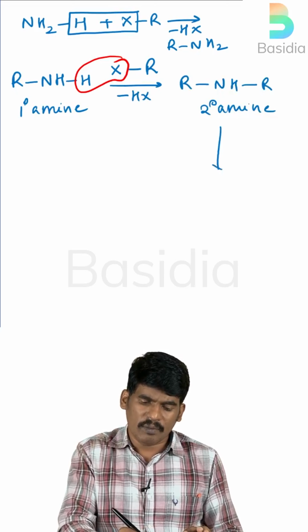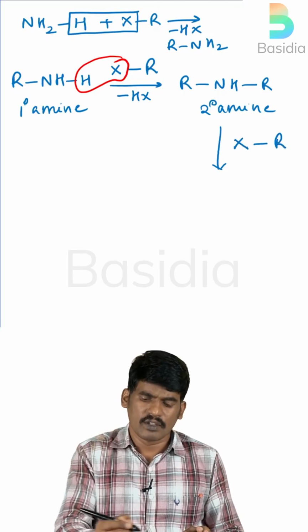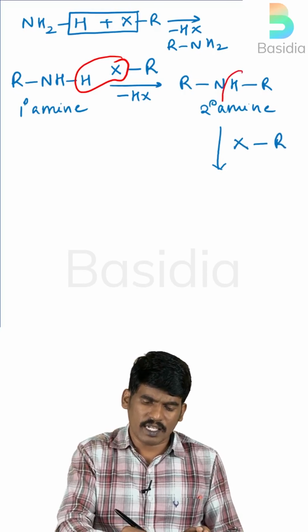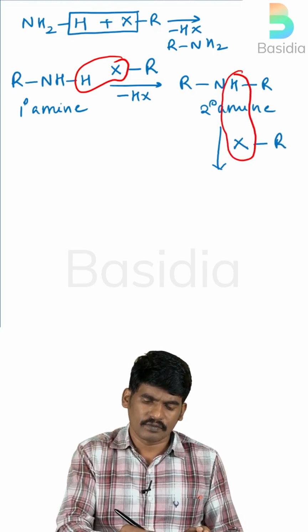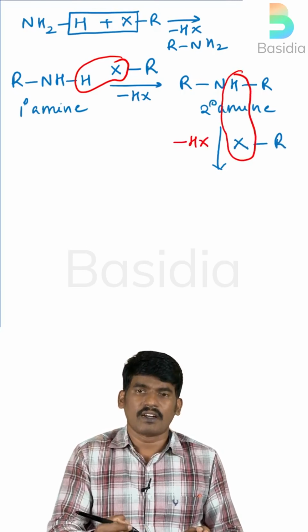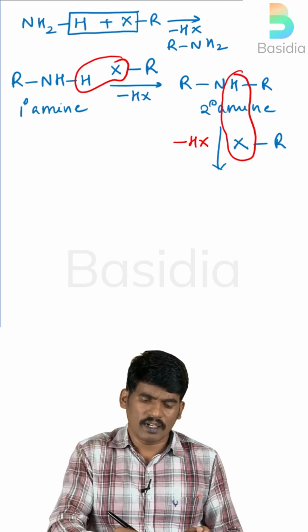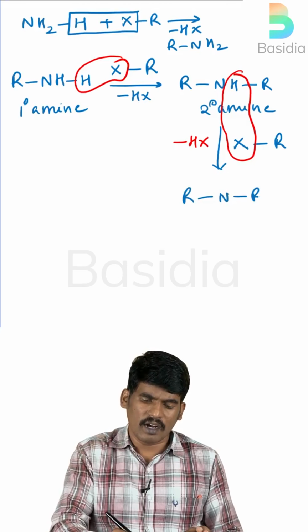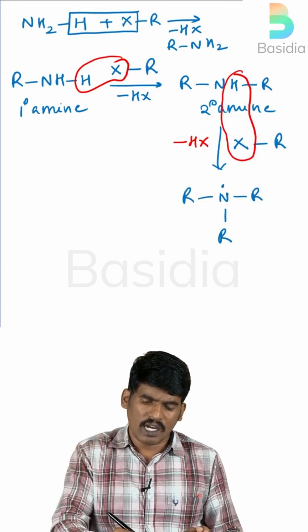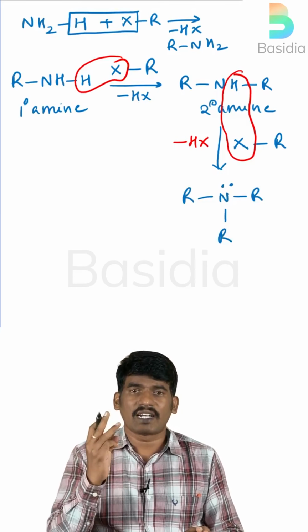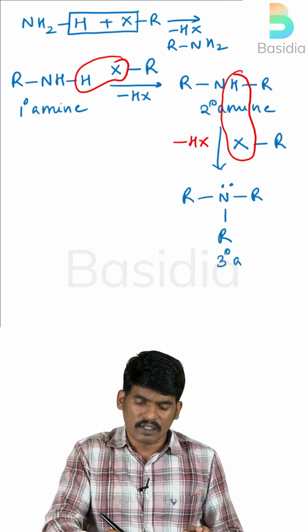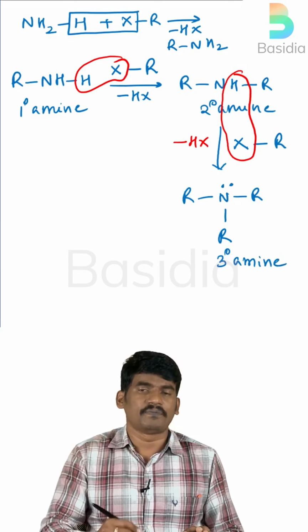And this secondary amine is treated with another mole of RX. So HX can be removed, and then you will get RNRR. Our nitrogen is connected to three alkyl groups, hence it is called a tertiary amine.